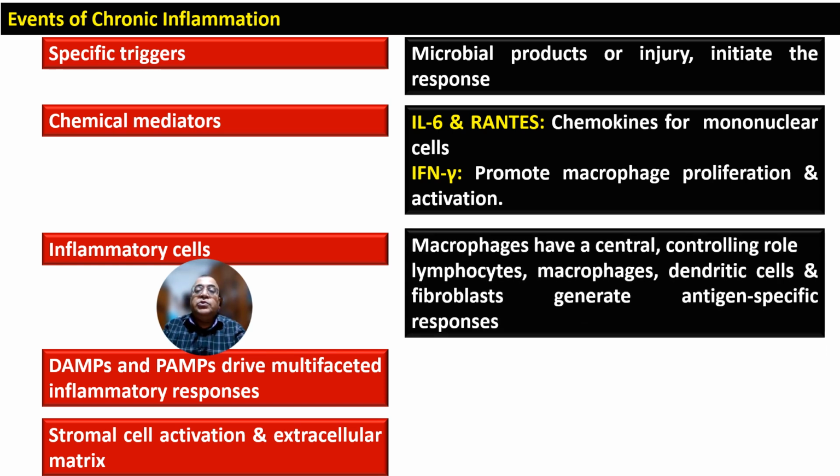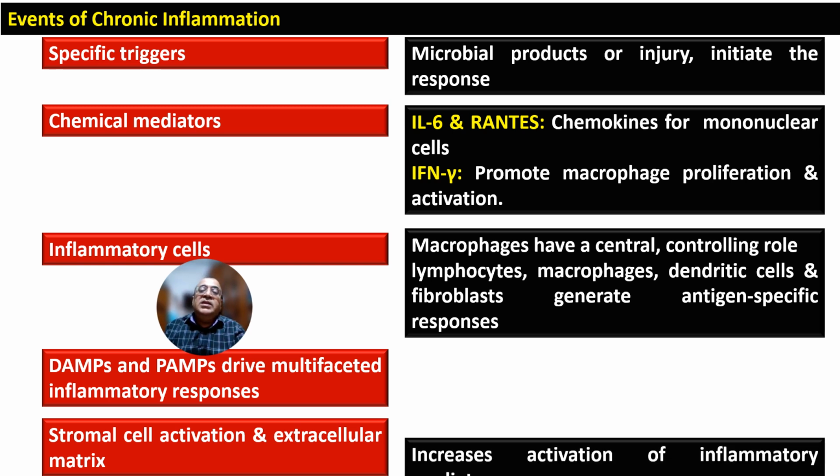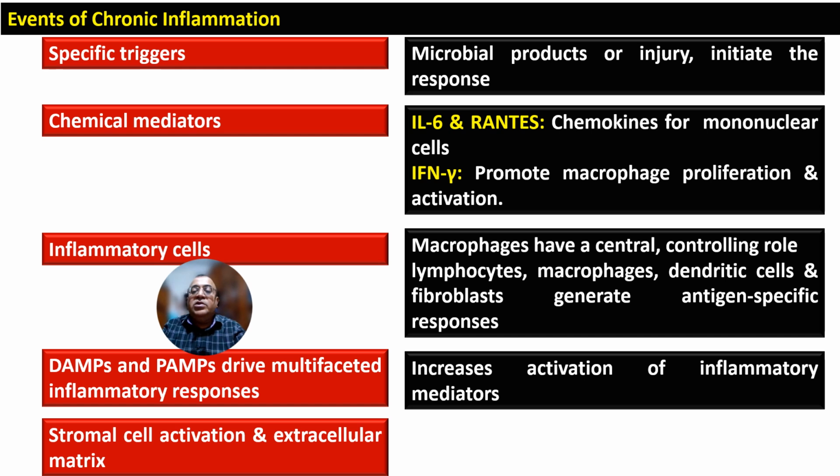Inflammatory cells are also involved in this process, and these inflammatory cells are recruited from the blood. Macrophages play a central role in the activation of the other immune cells and fibroblasts. Then the damage associated molecular pattern and pathogen associated molecular pattern drive inflammation.